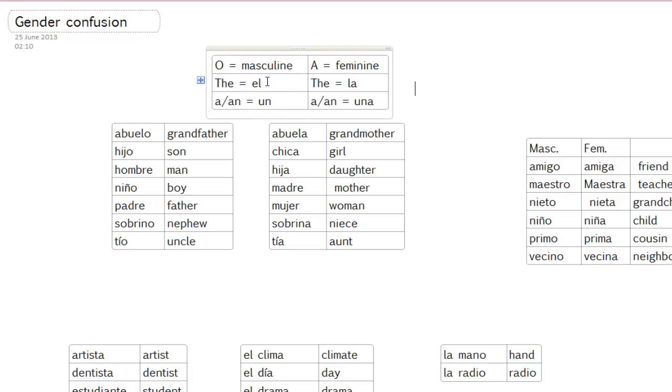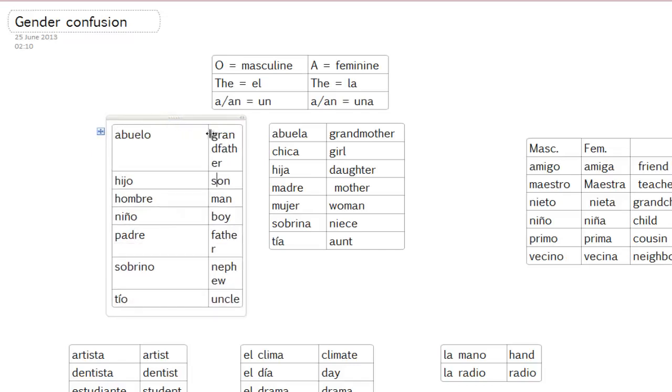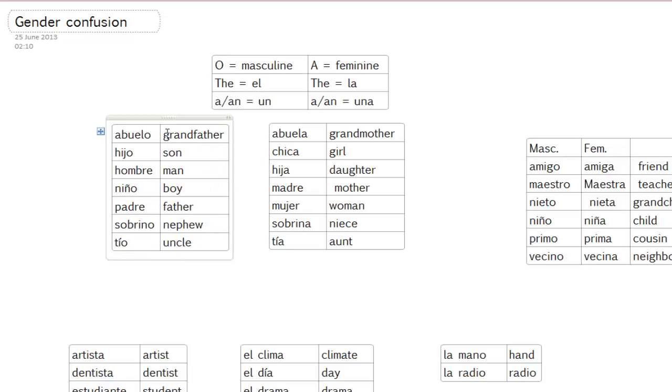So don't worry about that. I make many mistakes like that. So, for example, if it's a man or something related. Here we have a grandfather, and remember to say this, we've got a diphthong, the w sound, abuelo, grandfather, it ends in an O. Hijo, because we don't say the H, is your son.